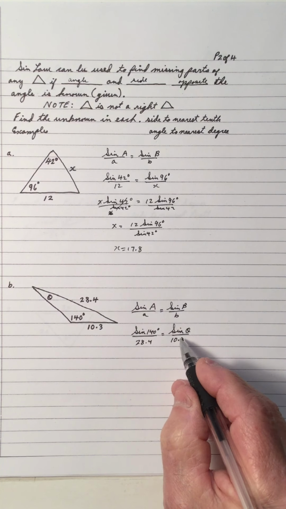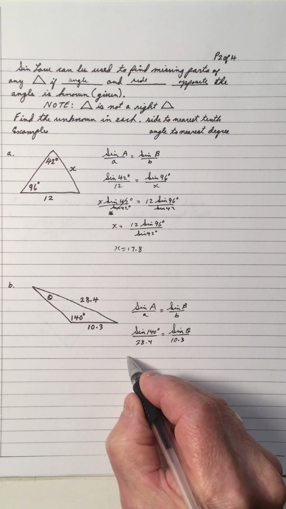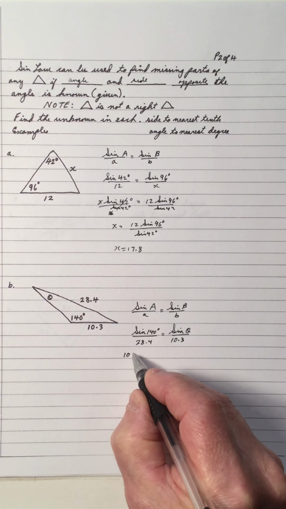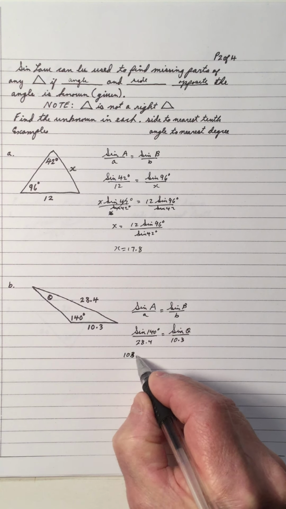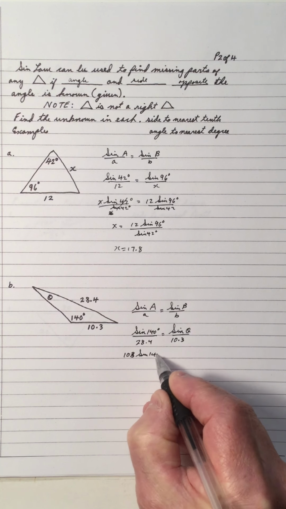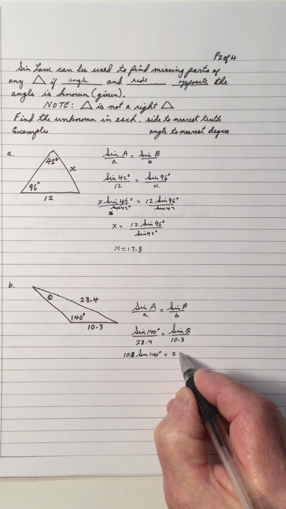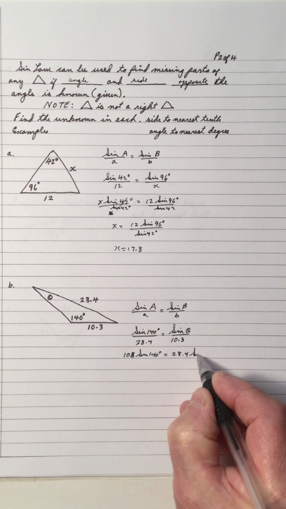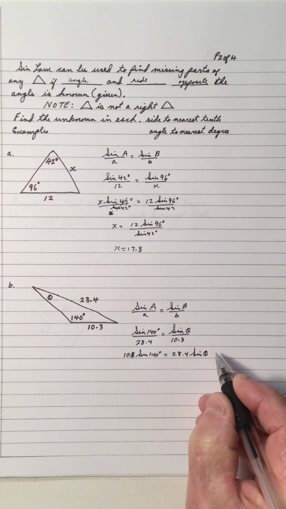And when we cross multiply there, we have 10.3 sine 140 equals 28.4 the sine of theta.